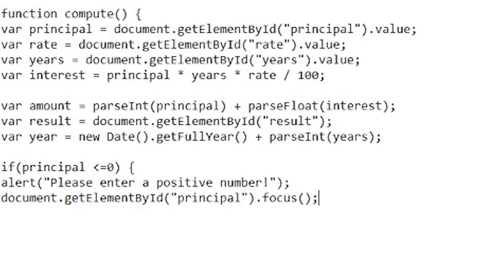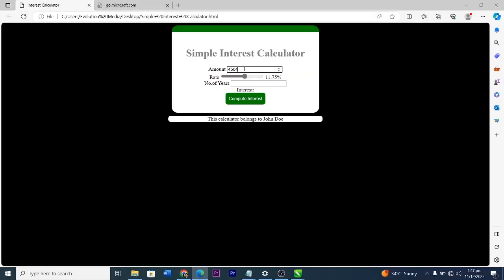What this will do is that it's going to return the focus into this box. So if someone puts something here and they click on compute interest, the focus will still be inside this amount. When we are doing it, you will see very much of it as we go on.